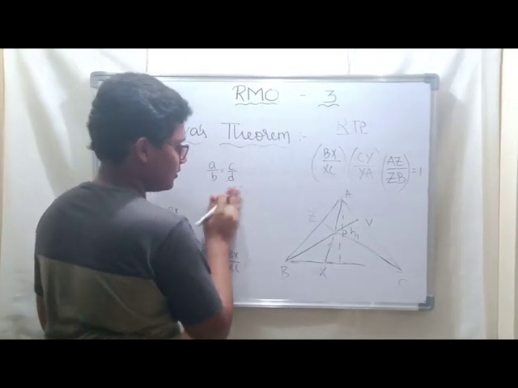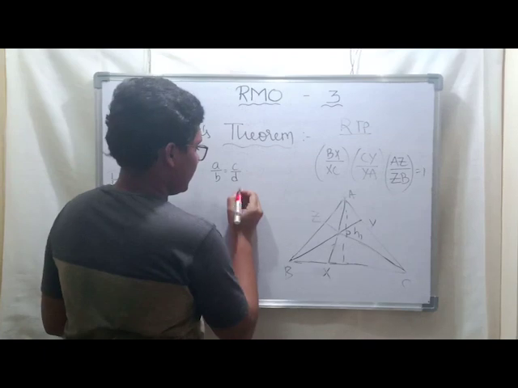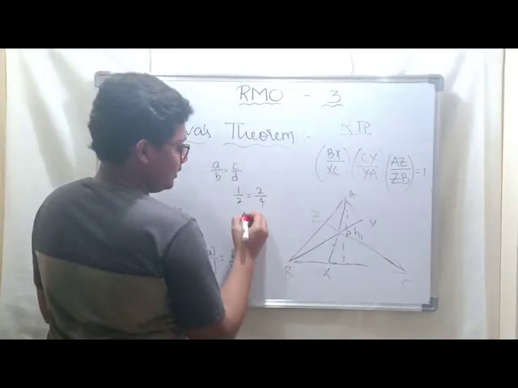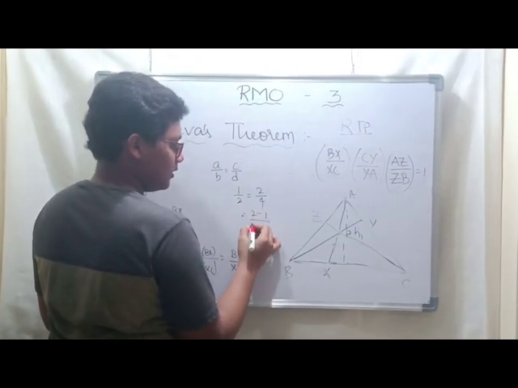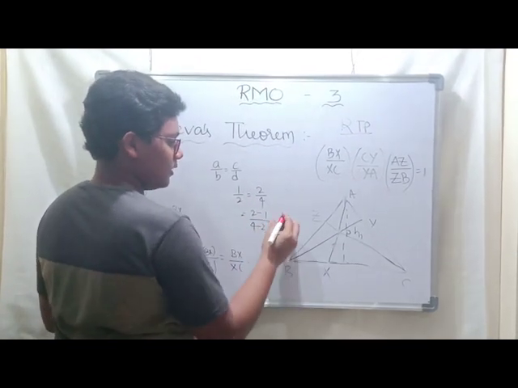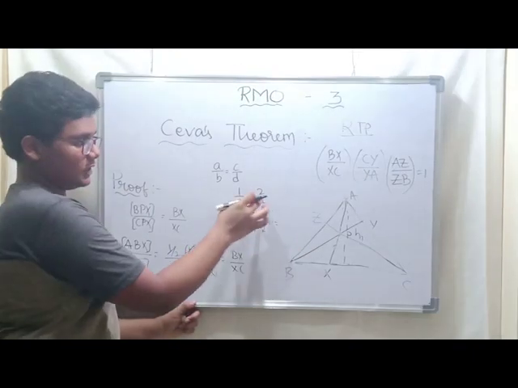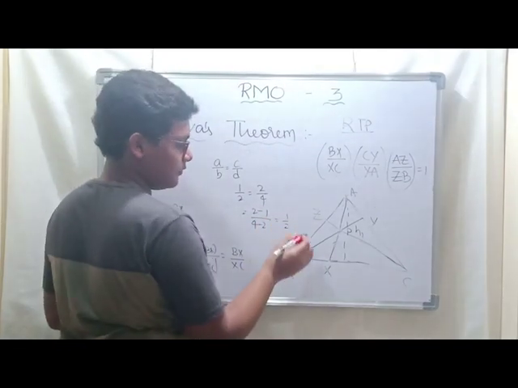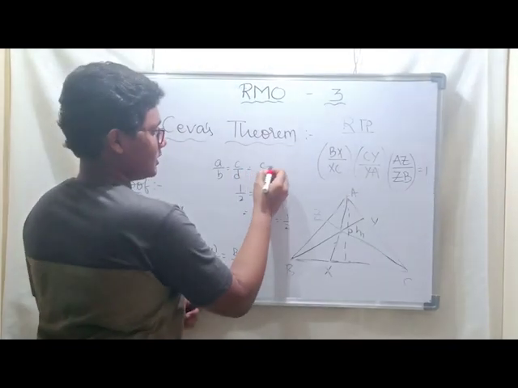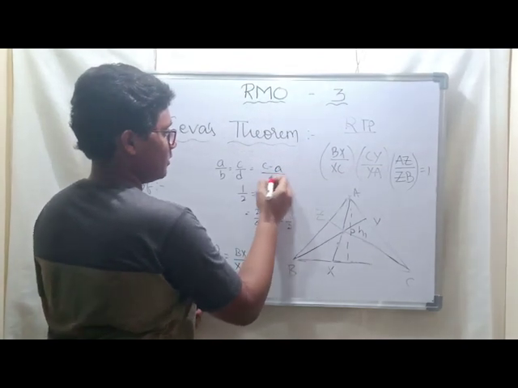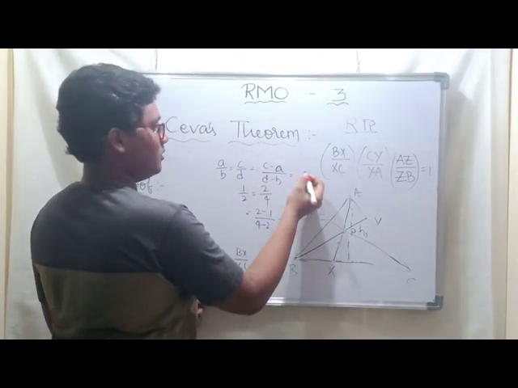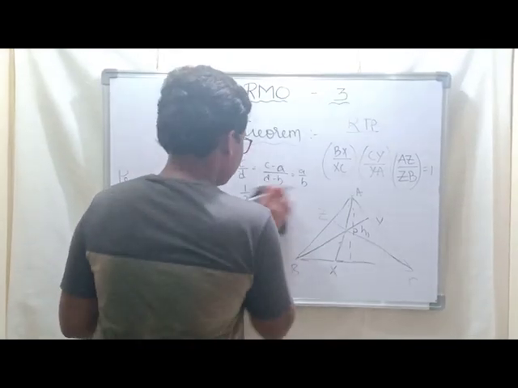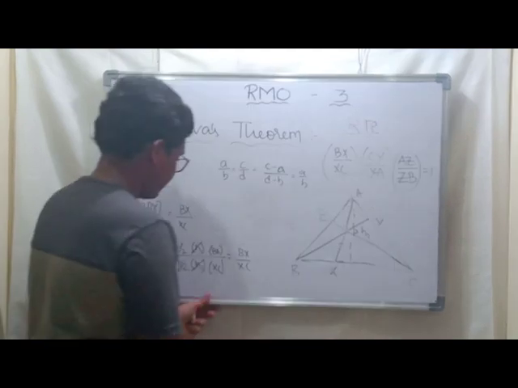If 1 by 2 is equal to 2 by 4, then 2 minus 1 by 4 minus 2 is equal to 1 by 2, since it is an equivalent fraction. Similarly, C minus A by D minus B is equal to A by B. We will apply that here.